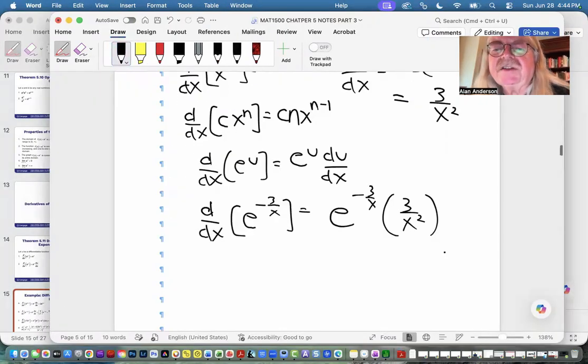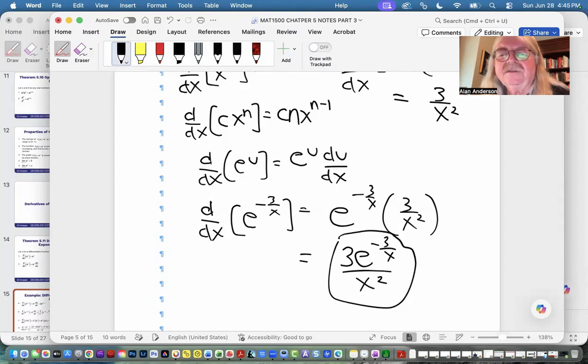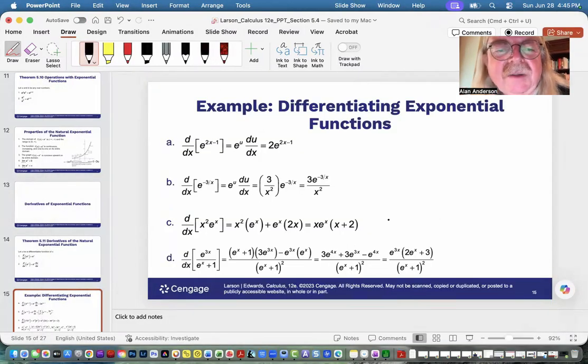And they changed it slightly. They wrote it as 3e to the minus 3 over x, over x squared. Of course, it's the same thing. Beautiful.